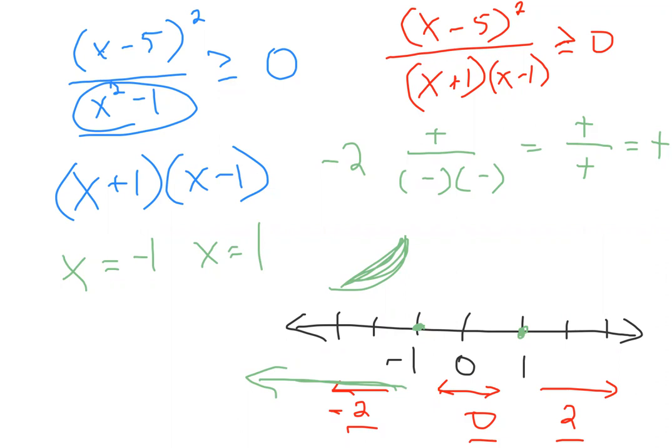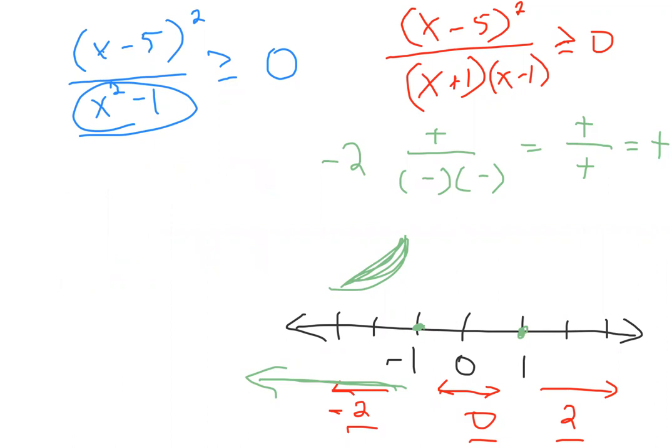So when I test it with 0, I'm buying myself some room. I plug in 0, I end up with 0 minus 5 squared, which is positive, because the negative squared is positive.